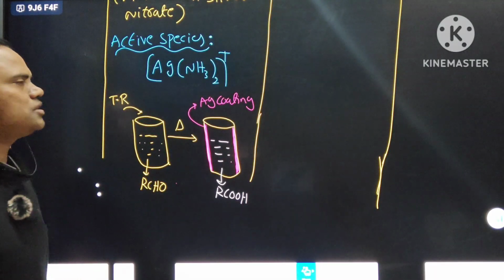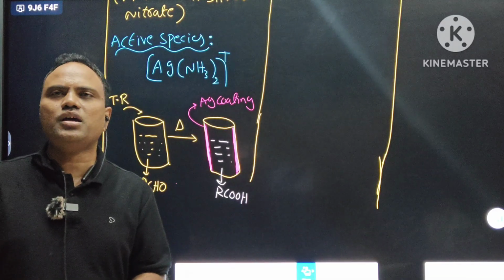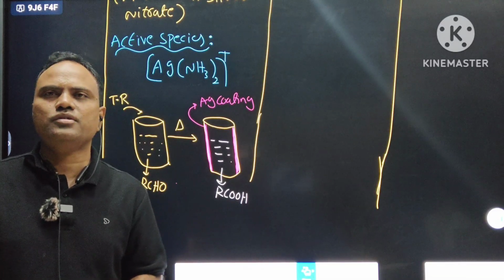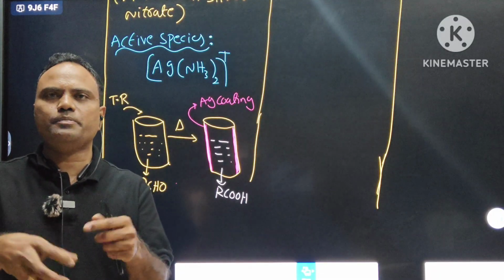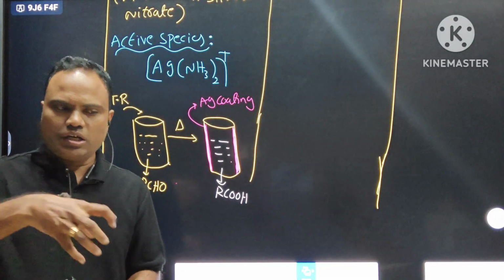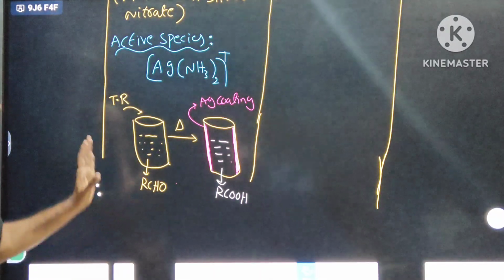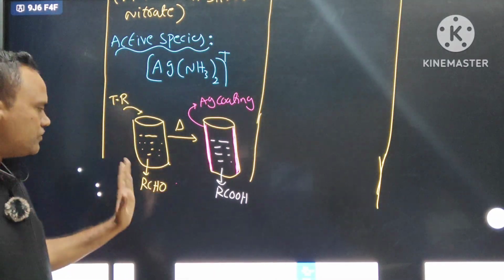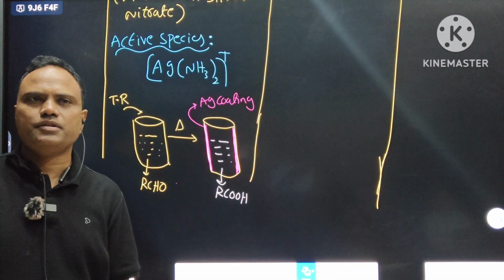Active species means we will prepare a Tollens reagent by adding ammonium hydroxide and silver nitrate solution. It is a mixture of compounds we add to prepare Tollens reagent. In that mixture of compounds, only one will play a role in the conversion of aldehyde to carboxylic acid. Clear?